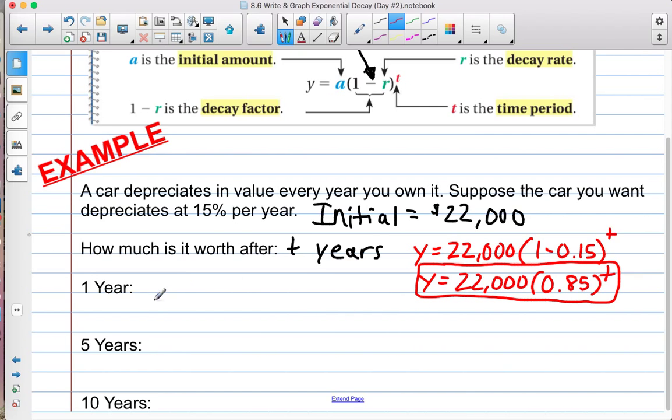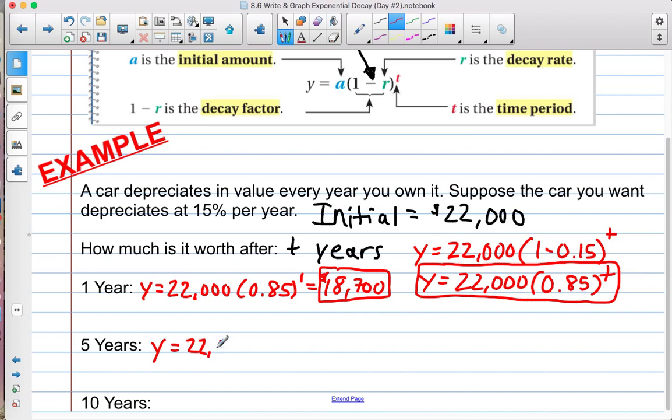That means after 1 year, the value of the car is going to be 22,000 times 0.85 to the first power. I'm only getting back 85%. 85% of 22,000, if you're following along using your calculator, you get $18,700. That's the value after 1 year. After 5 years, it's initially 22,000.